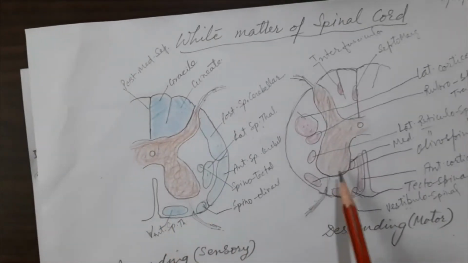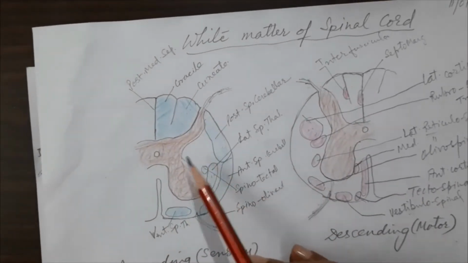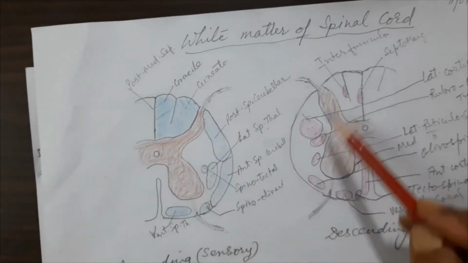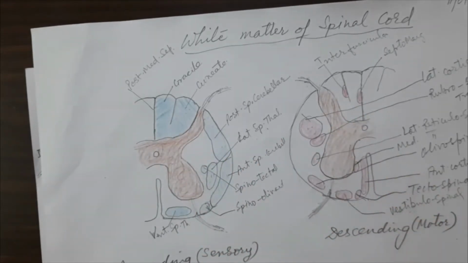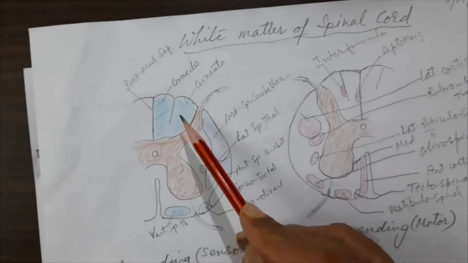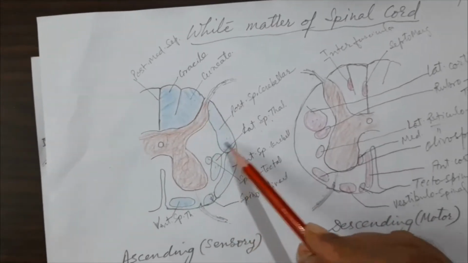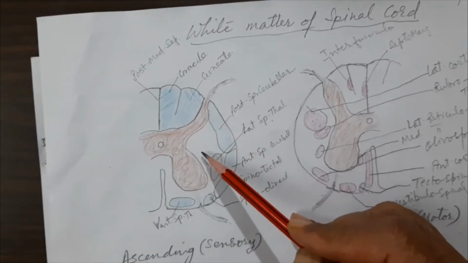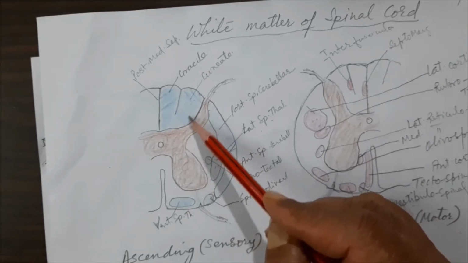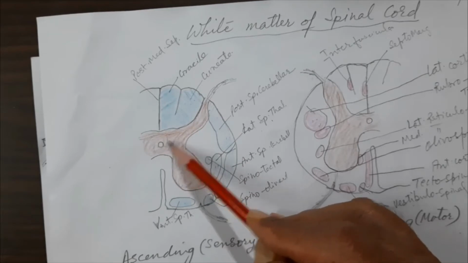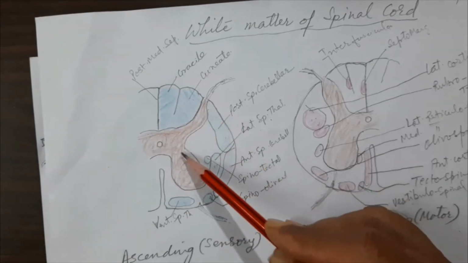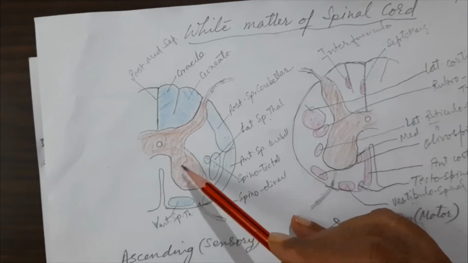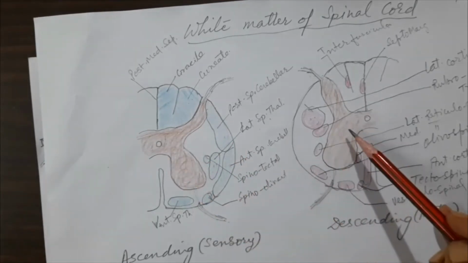I used two transverse sections of the spinal cord, where the gray matter was centrally placed and the white matter, the funiculi, was peripheral. The posterior, lateral and anterior funiculi were there in the white columns, and this was the central canal, the posterior horn of the gray matter, and this is the anterior column of the gray matter.